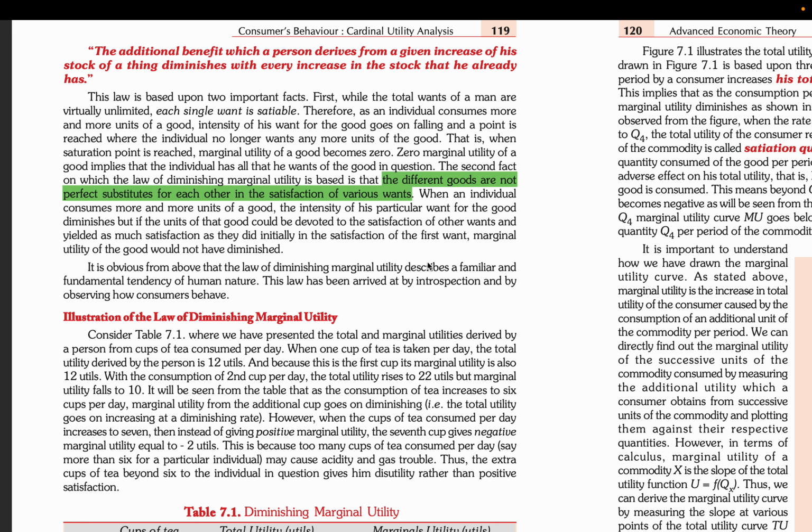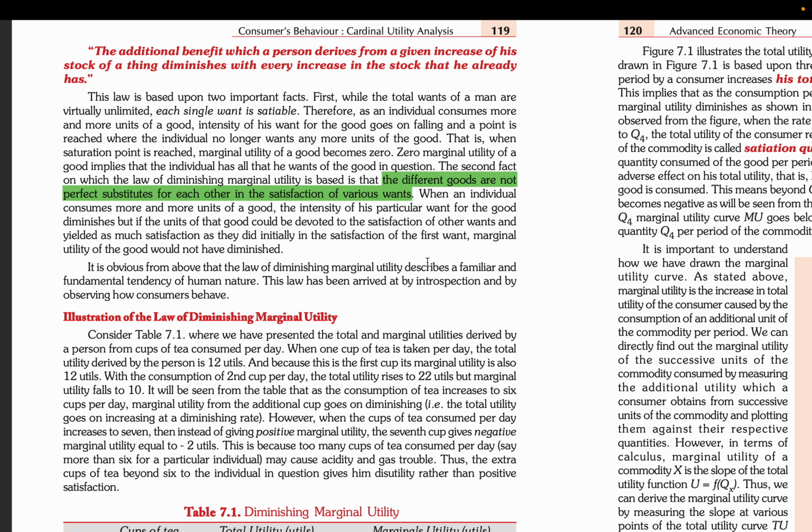When an individual consumes more and more units of a good, the intensity of his particular want for the good diminishes, but if the units of the good could be devoted to the satisfaction of other wants and yielded as much satisfaction as it did initially in the satisfaction of the first one, marginal utility of the good would not have diminished.